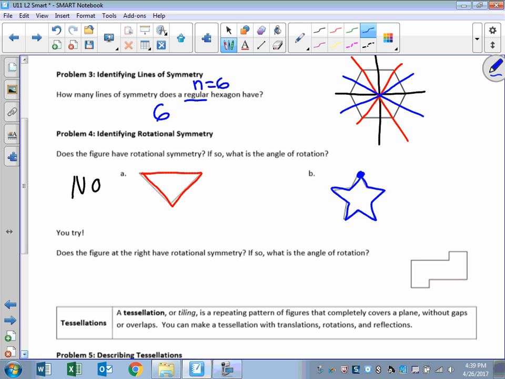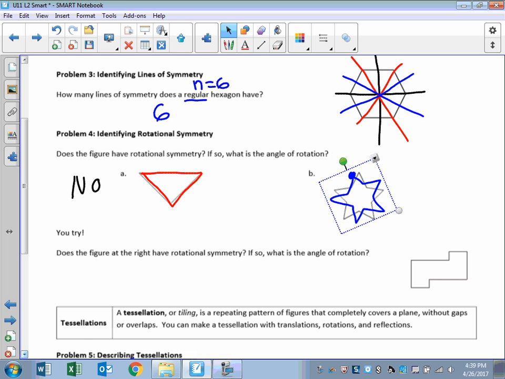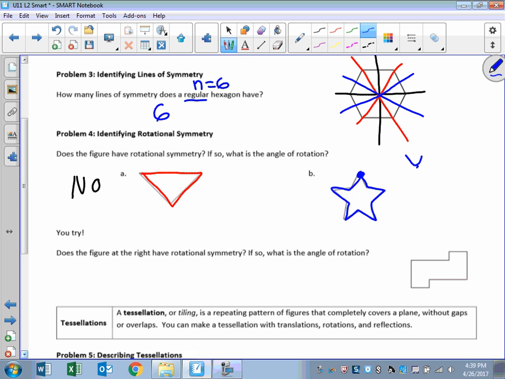Okay. So if we take this and rotate it, we got 1, 2, 3, 4, 5. Okay. So there's actually 5 different ways we can rotate it, and that is what's going to help us find our angle of rotation. So for this one, yes, it has rotational symmetry.